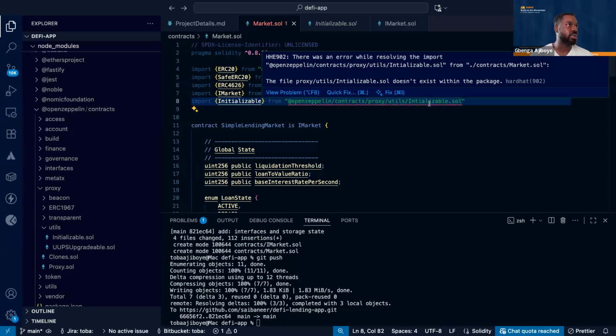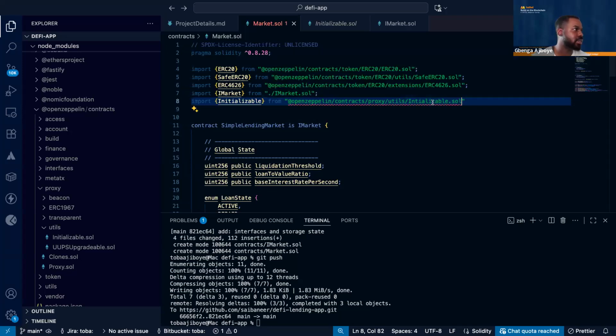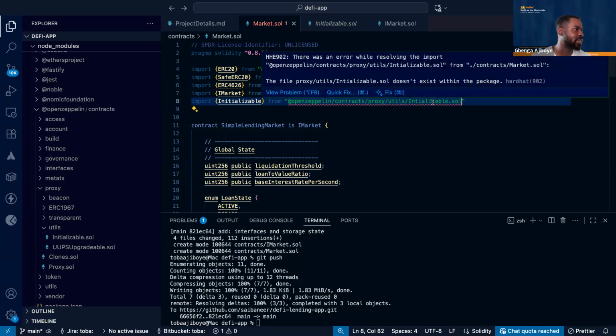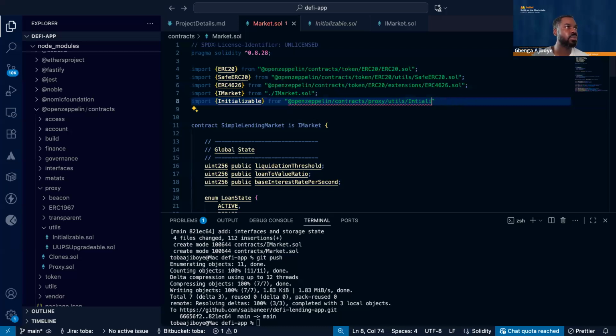Did I not spell it well? Proxy utils initializable. So it's in utils, but it's Beacon Proxy.